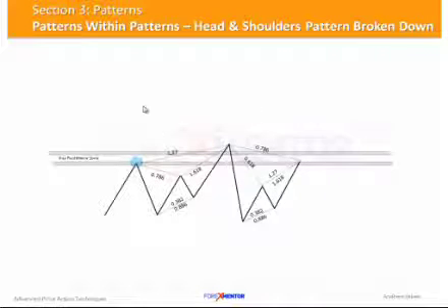And if we have a look at the overall picture here, what we have is a left shoulder, the head. You can see the butterfly pattern actually formed the head right here. Price drove lower. We got a bearish Gartley pattern at the right shoulder of the larger head and shoulders pattern.